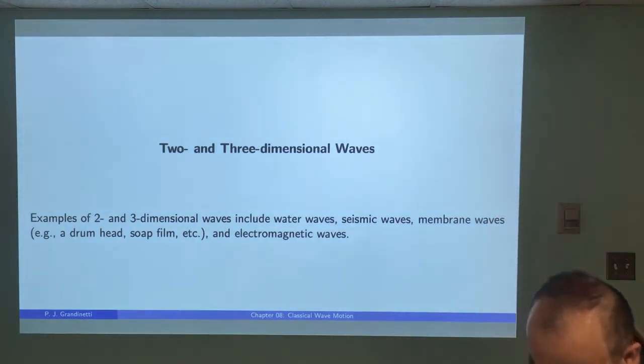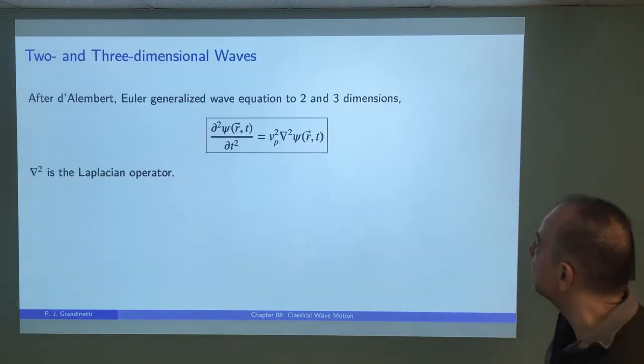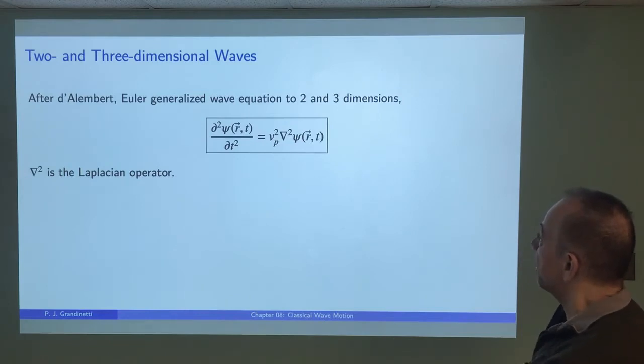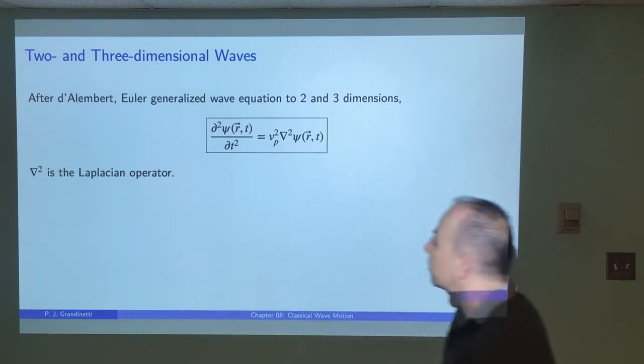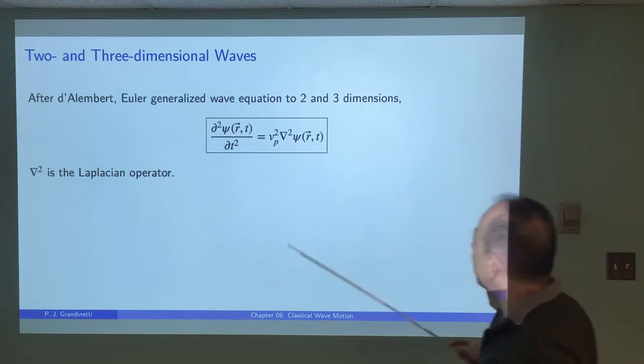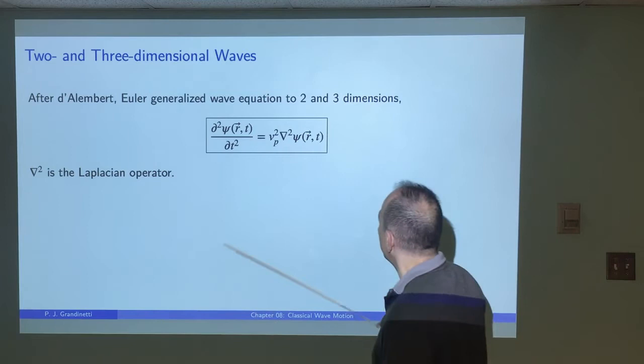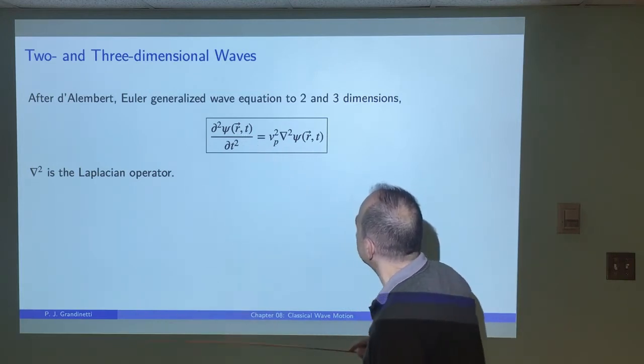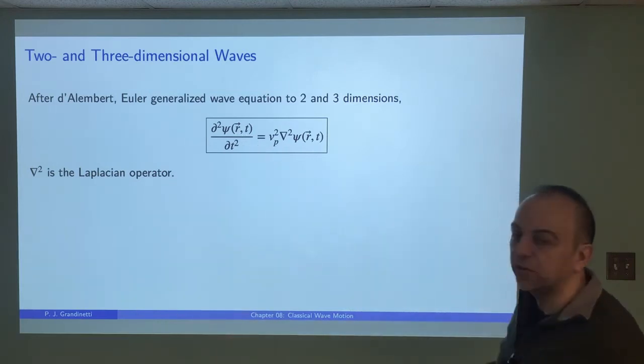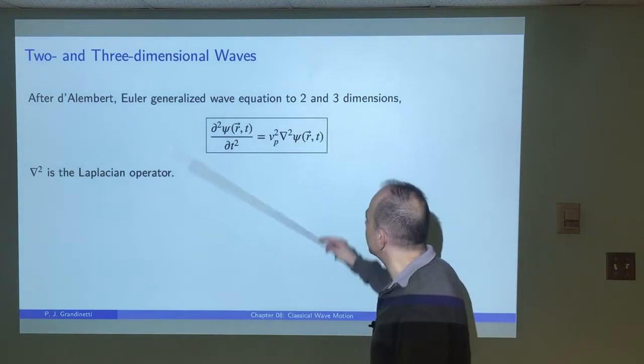So let's go ahead and dive in and take a look at the wave equation generalized to 2 and 3 dimensions. So this was done by Euler shortly after D'Alembert, and the form of the equation is this. It looks very similar to what we learned earlier. I'm going to change the symbol I'm using for the wave function from f to this Greek symbol psi.